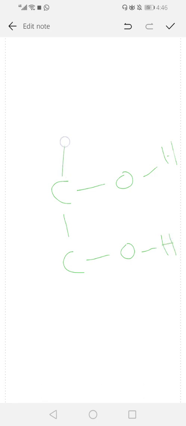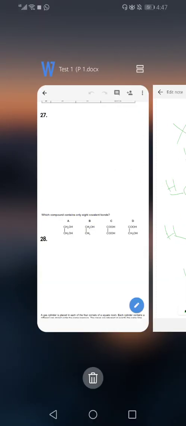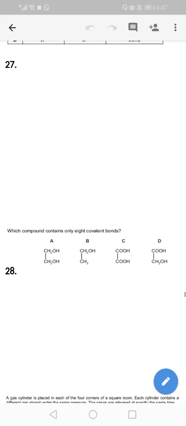There must be 2 hydrogens on this carbon, and there must be 2 hydrogens on this carbon. So 1, 2, 3, 4, 5, 6, 7, 8, 9. So there are 9 covalent bonds in this case. So A is not the possibility.